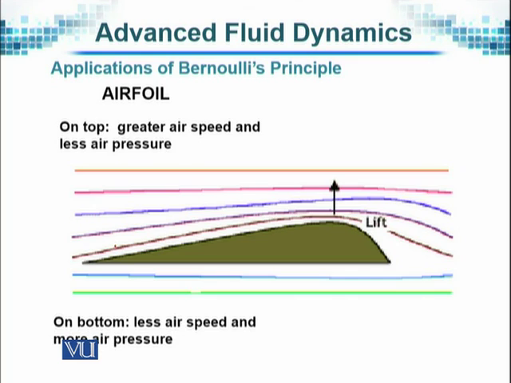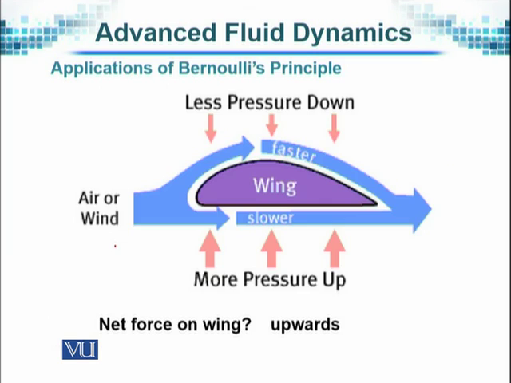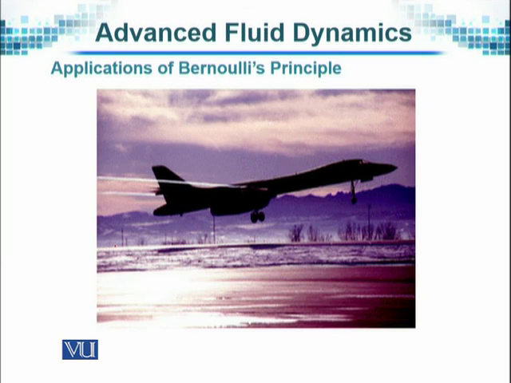At the bottom there is less airspeed and the pressure increases, again adding to the lift. Less pressure on the top and more pressure at the bottom together result in providing lift to the aeroplane. Because of that, the aeroplane here is taking off.